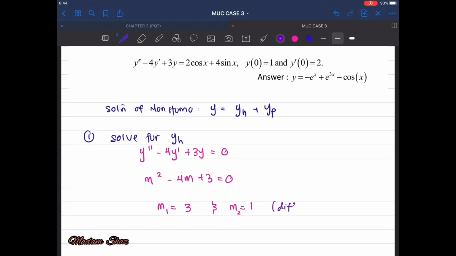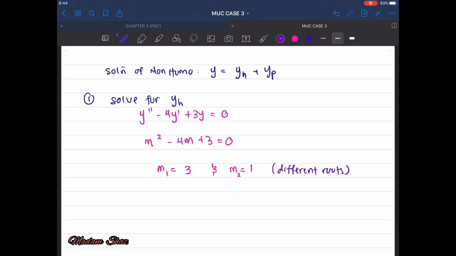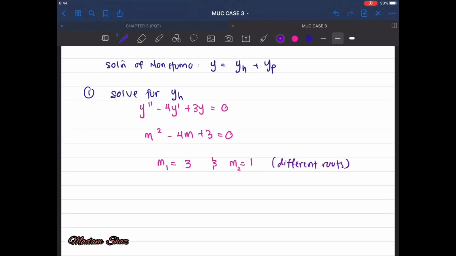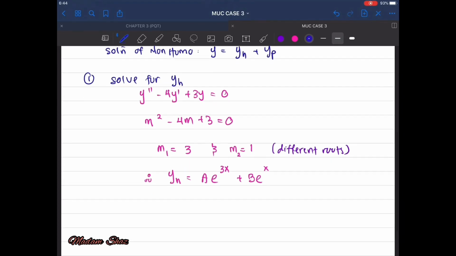These are different roots. So how to write our solution based on different roots? Therefore, yh is equal to A e to the 3x plus B e to the x. So this is our solution for yh.